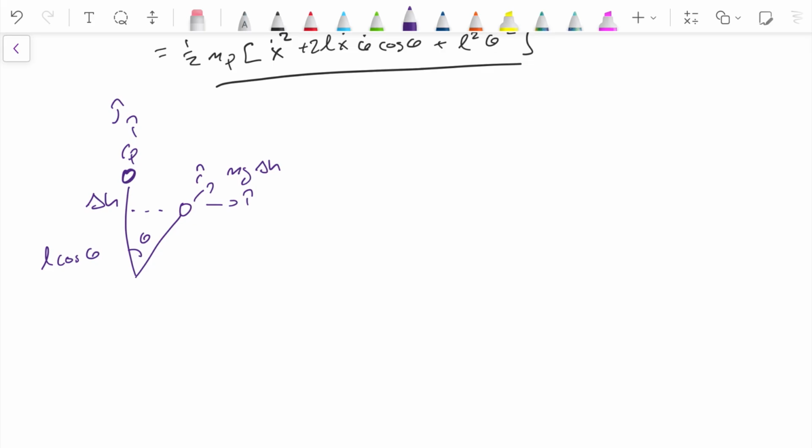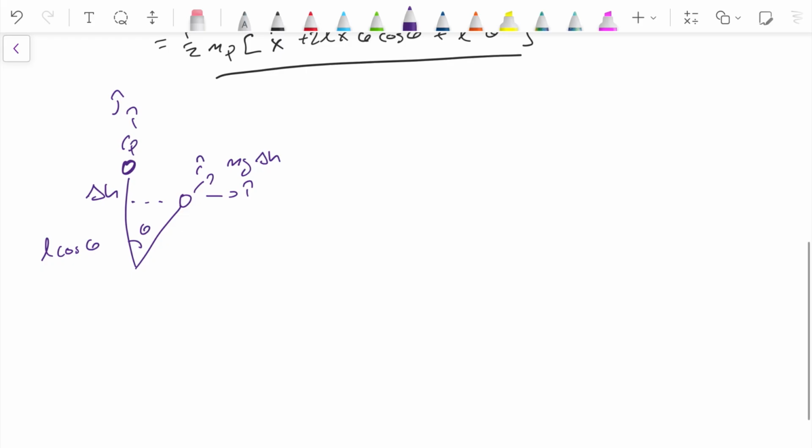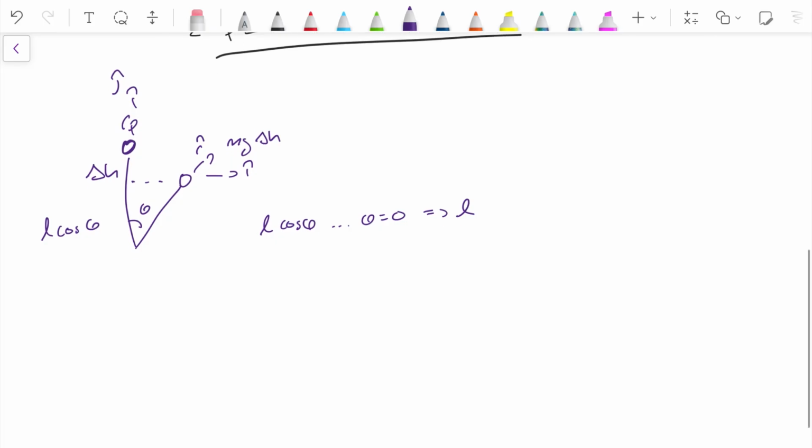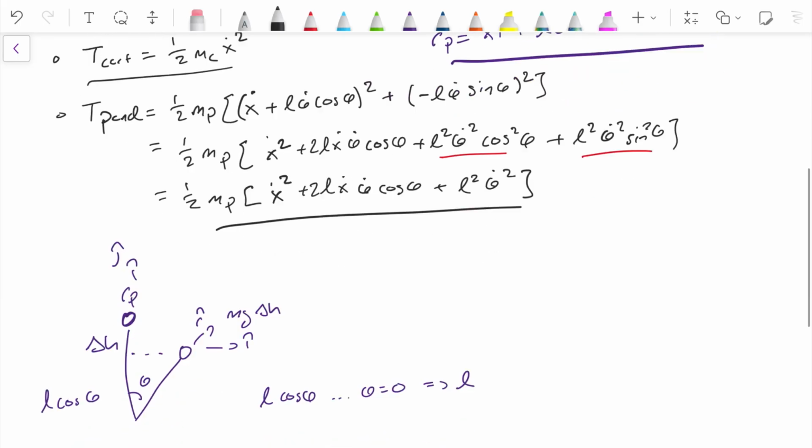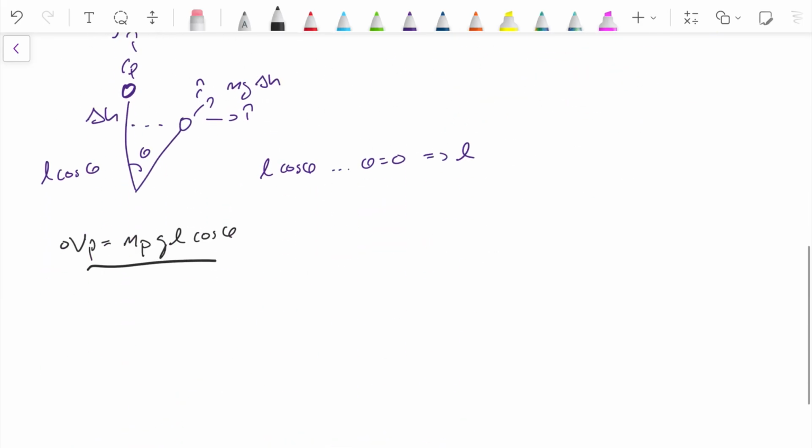So we would need to subtract that out by an L. But in this case, this would actually be the maximal. So L cosine theta with theta equal to 0 implies L. Okay, so that being said, our potential energy for the pendulum is m_p g L cosine theta.